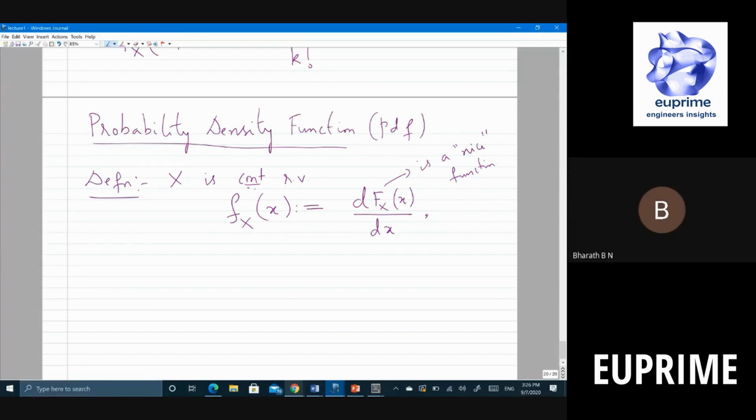No. What I'm saying is, if you look at a continuous random variable whose CDF is nice, what do I mean by nice? I mean it is differentiable almost everywhere. That should be the case, otherwise this definition does not make sense. It has to be differentiable. That means for sure it should be right continuous and left continuous. Not even that, it needs to be more than that.